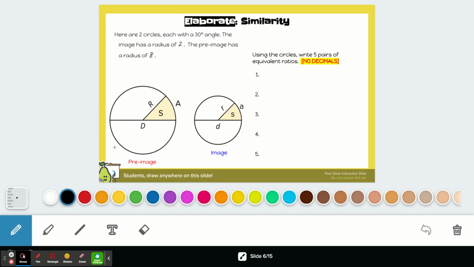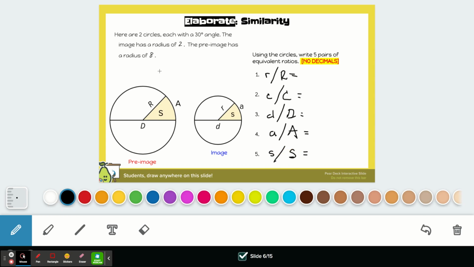So on the next slide, it talks about, okay, now let's find the information for those equivalent ratios. So again, I have lowercase r over capital R, lowercase c over capital C, lowercase d over capital D, lowercase a over capital A, and lowercase s over capital S, right?